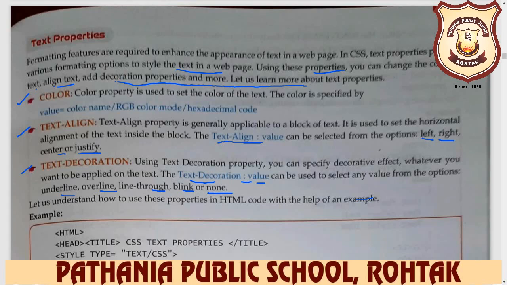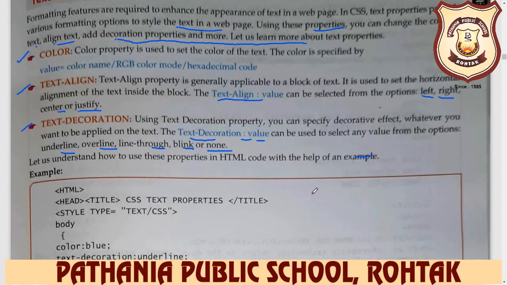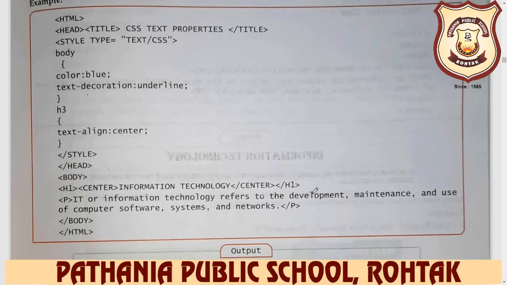Let us understand how to use these properties in HTML code with the help of an example like this. First you write HTML, head, title, and you use the CSS in the head part. This is your completely embedded style sheet.